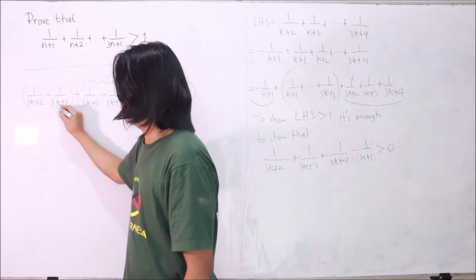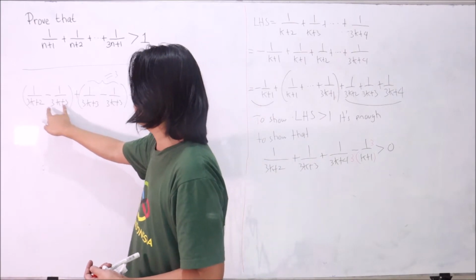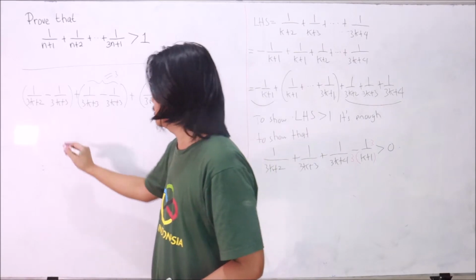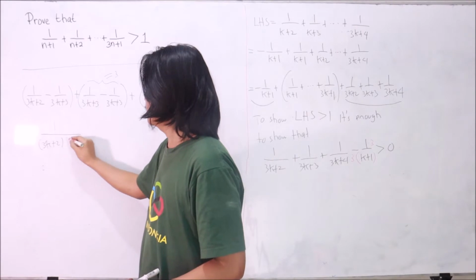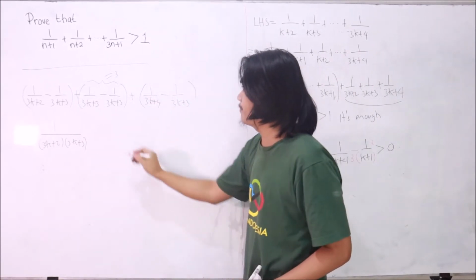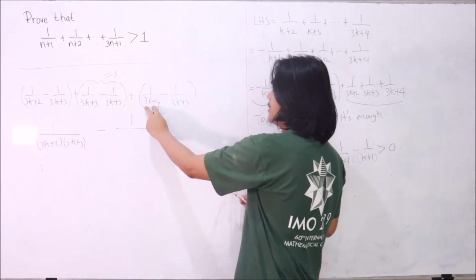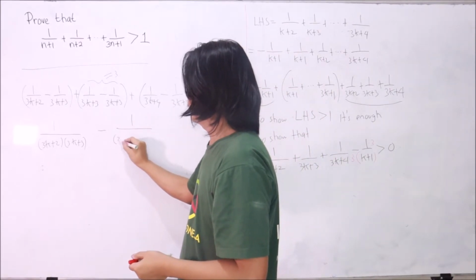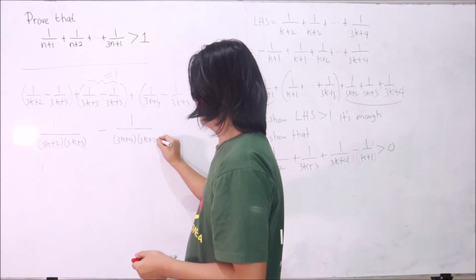So we are just left with this plus that. But if we simplify this, if we try to make the denominator the same, it's going to be 3k plus 3 minus 3k plus 2. Okay, so it's going to be 1 over 3k plus 2 times 3k plus 3. And then on this side, we have minus 1 over, 3k plus 3 minus 3k plus 4 is negative 1. So negative 1 over 3k plus 4 times 3k plus 3.